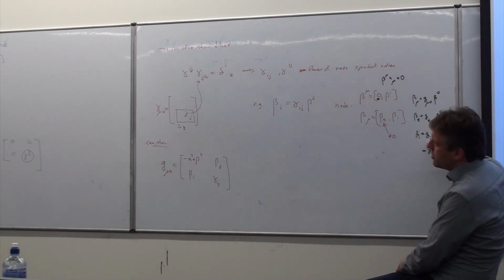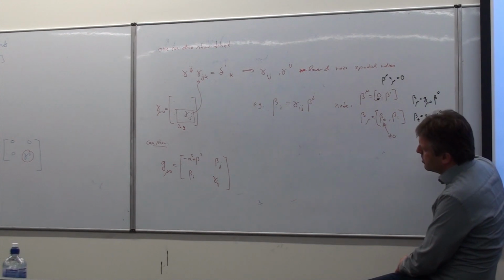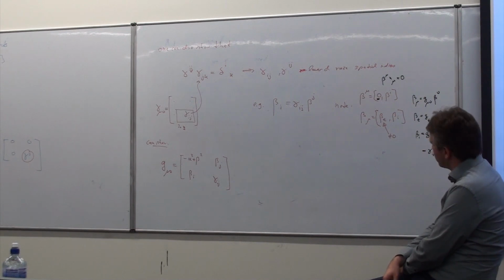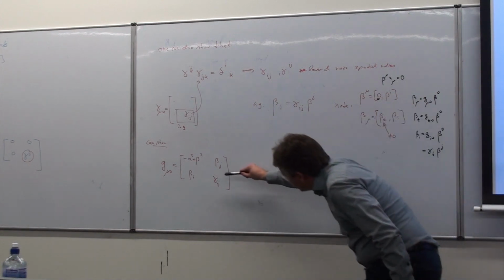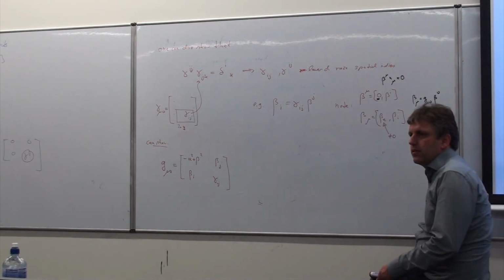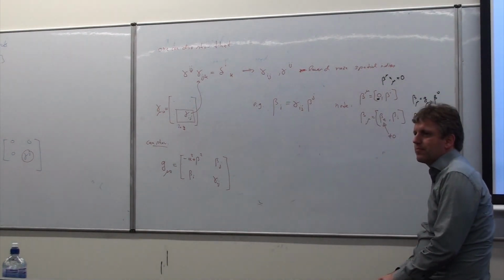And for the lower G ij, the spatial components are identical to the gamma.